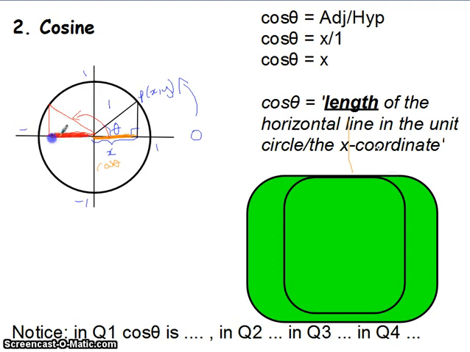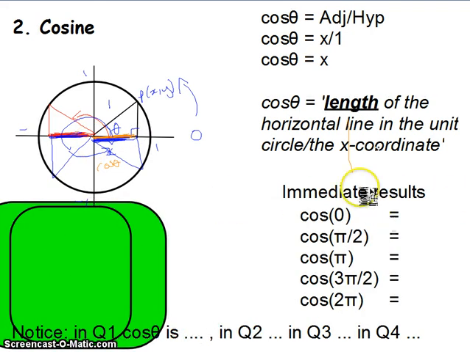That would be cos theta, and you'll notice that this time this is going to be negative because it's on the left hand side of the y-axis, so our x-coordinate is going to be negative. If we come round a bit further, still negative, and come round a bit further again, back into being positive again.